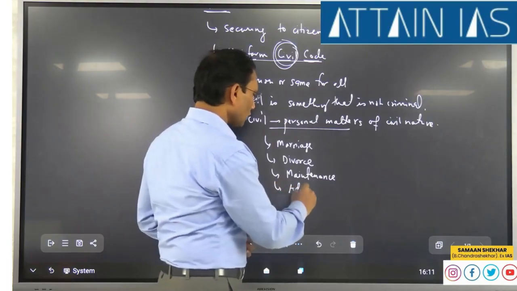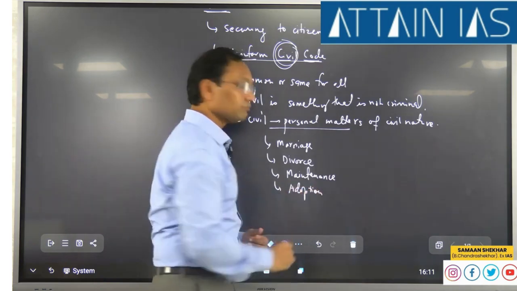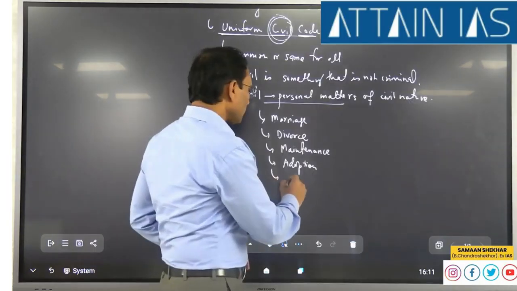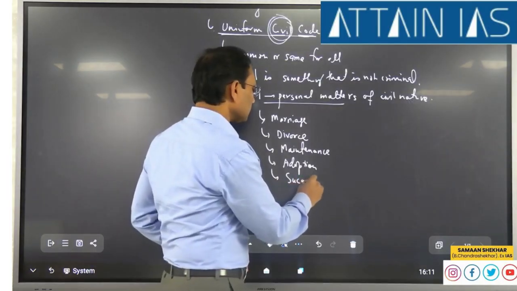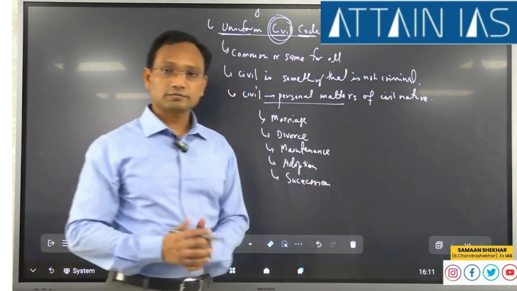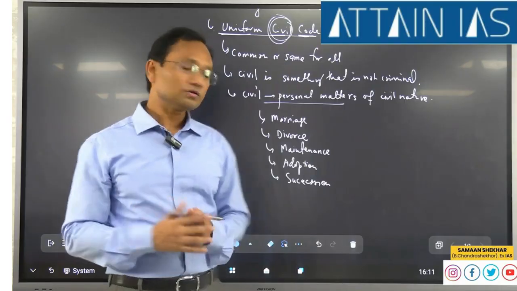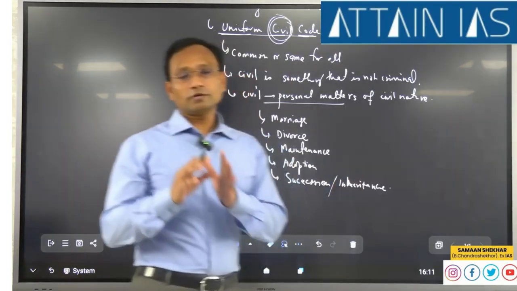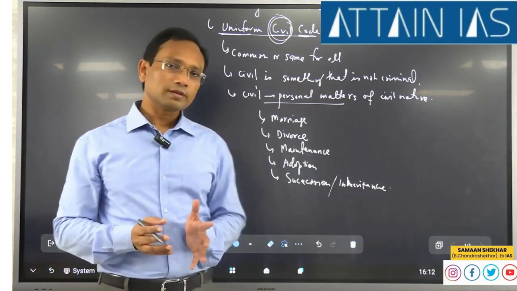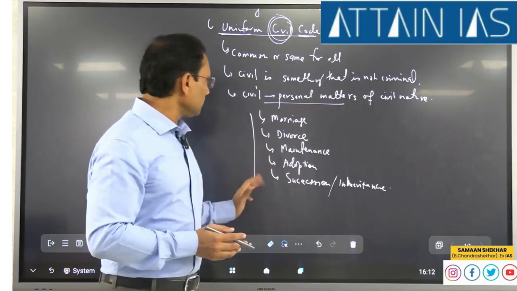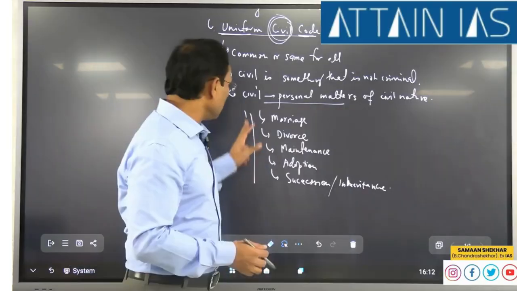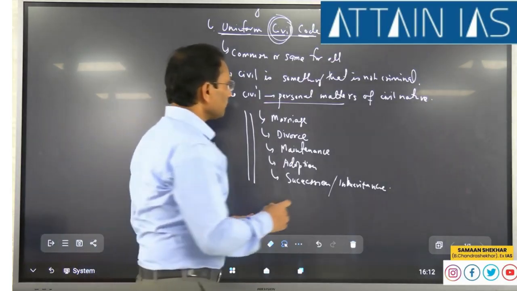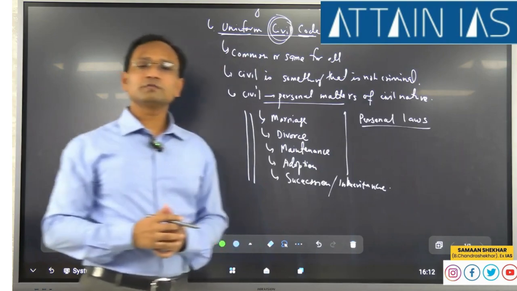Adoption, who can adopt a child, and there are rules that decide. Very important is succession. Now, the succession inheritance also forms this Uniform Civil Code, right? Now, these things are actually governed by, for most of the communities in India, their personal laws. Now, what are these personal laws?